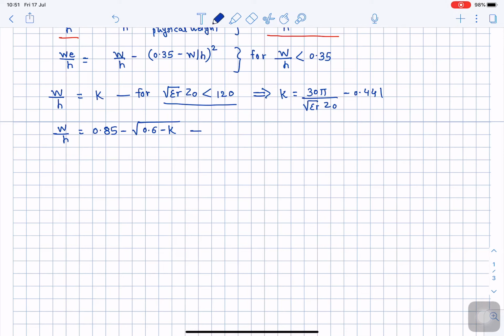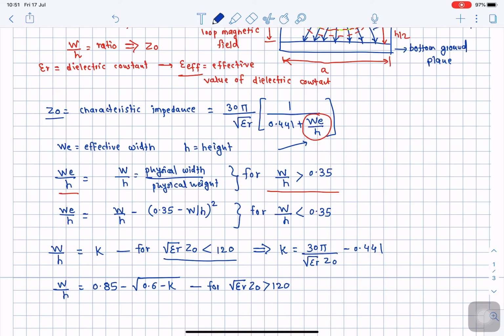So here we saw the empirical equation to calculate the characteristic impedance. Say if the physical dimensions are specified, with those specifications we can calculate the characteristic impedance. On the other way, we can synthesize also once we know the characteristic impedance and the dielectric constant with which the strip line is constructed.